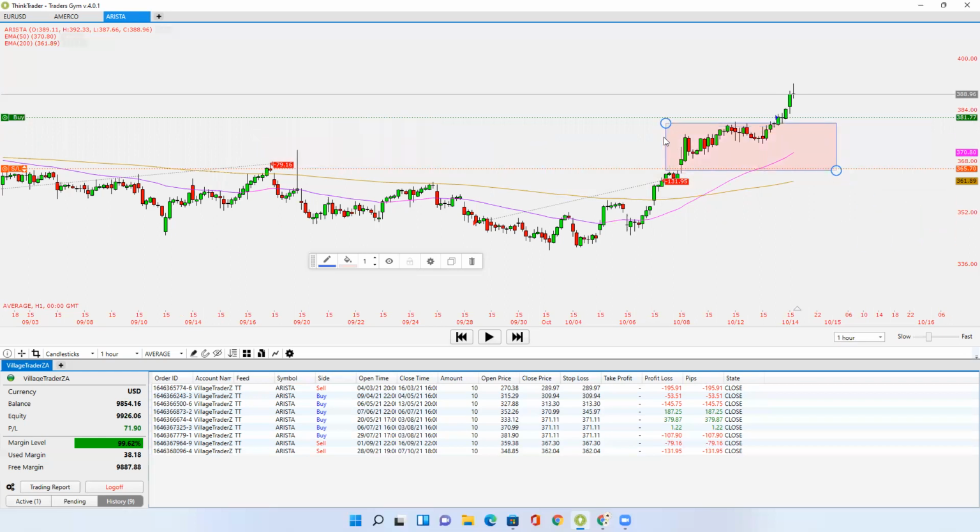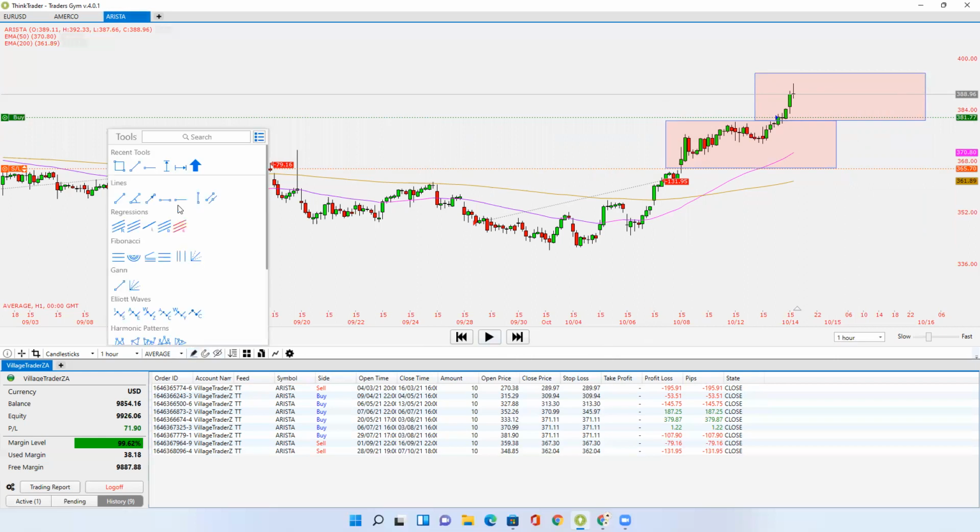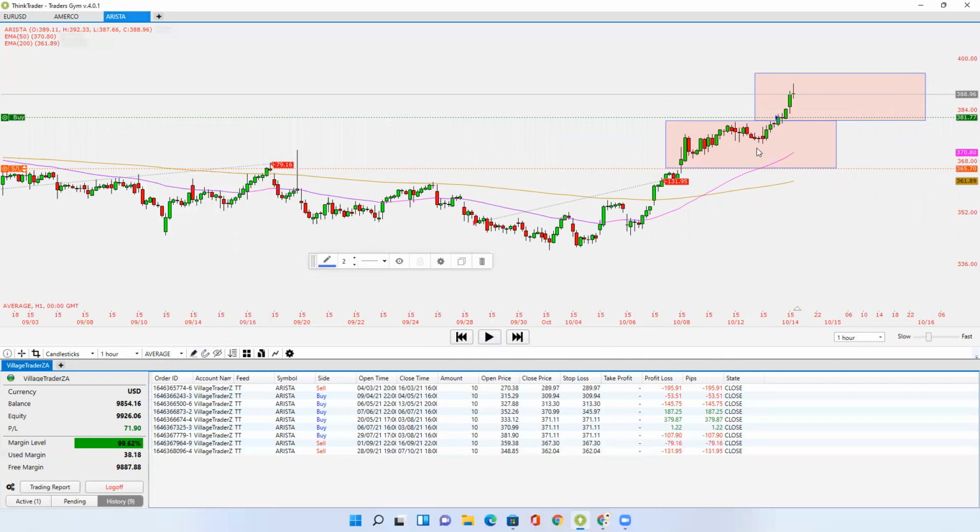So say if I put it like this, and then I duplicate it. Right? With that is a target for stop. When we break into a higher box.